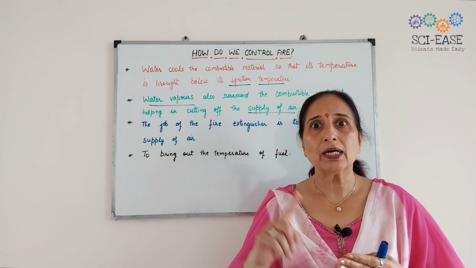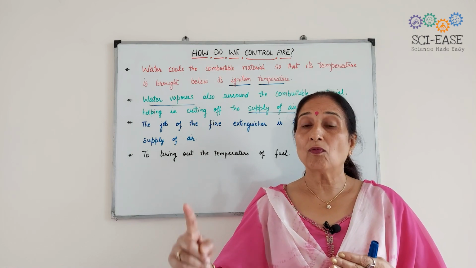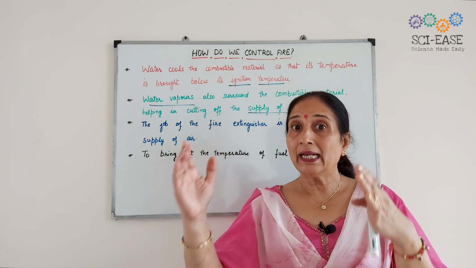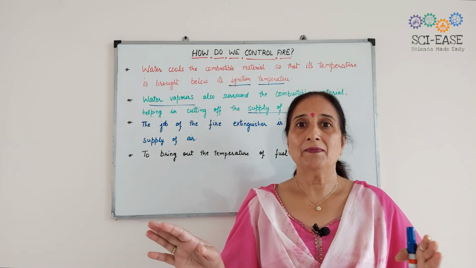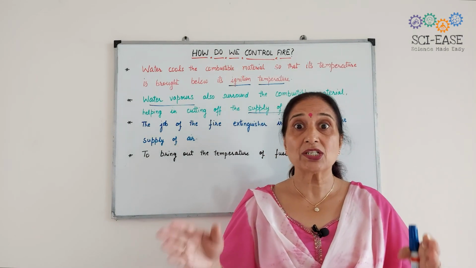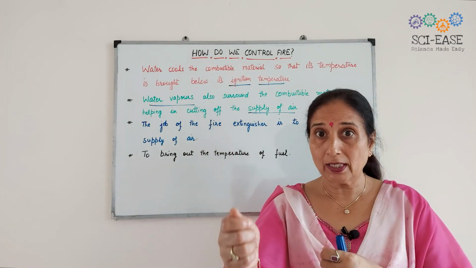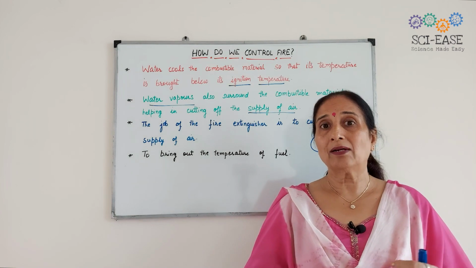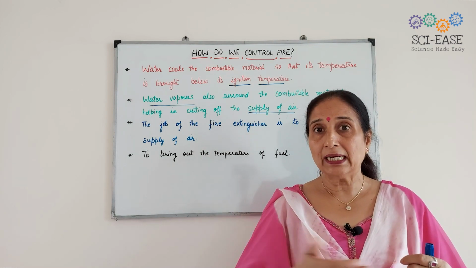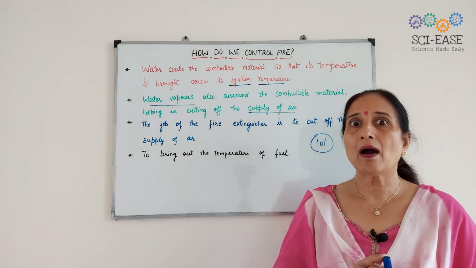Because water is a good conductor of electricity, the electricity will conduct through water and the fire will not be extinguished. We may also get a shock because the water will conduct electricity and that may harm us.